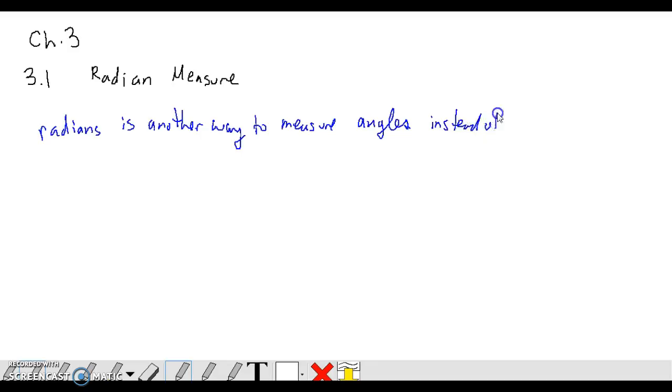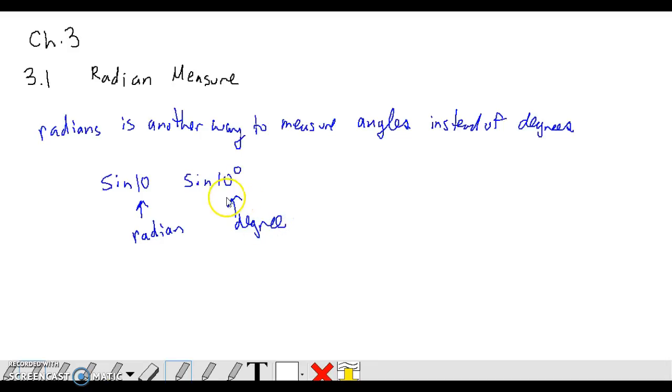So that's why it's really important, when we talk about our degrees, to make sure that we use our degree symbol, right? If I'm talking about sine of 10 and sine of 10 degrees, this would be considered a radian, while this one would be considered a degree, and they will give us different answers.